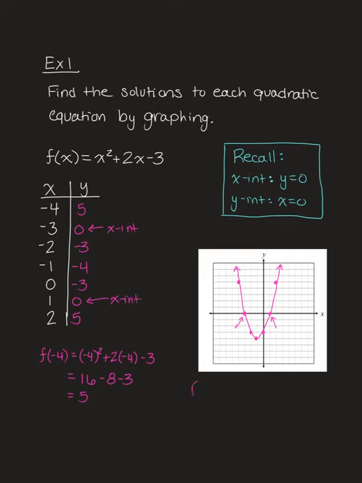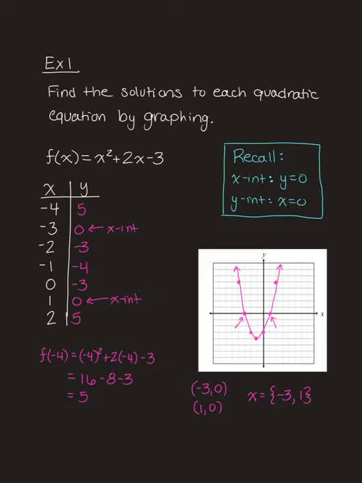You can write them as coordinate points, -3, 0, and 1, 0, or we can use set notation. We can say x is equal to the set of -3 and 1, and just write the x values.